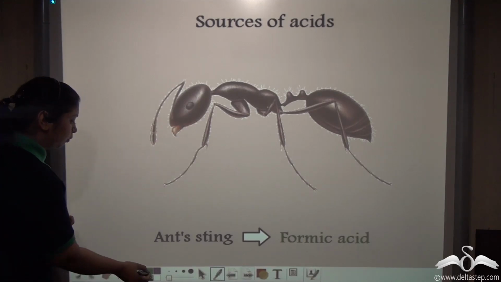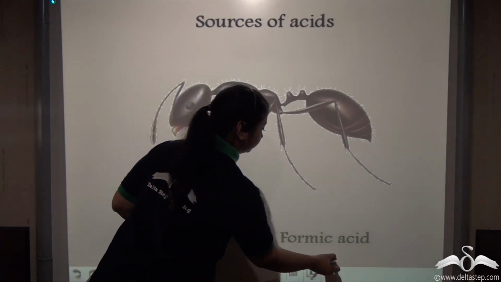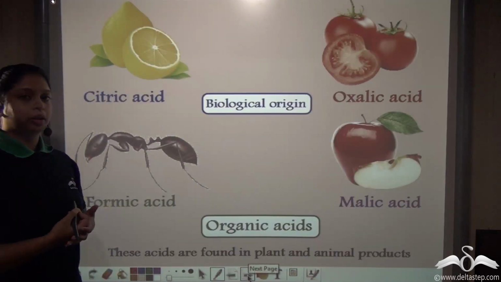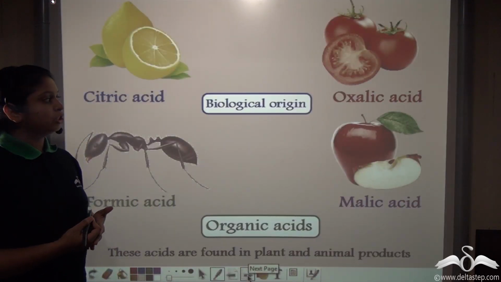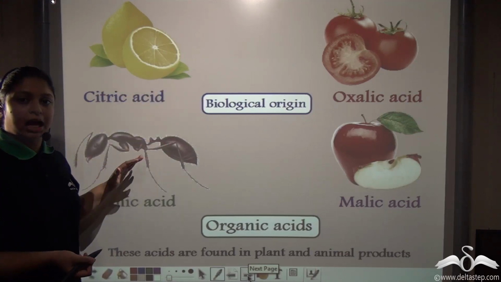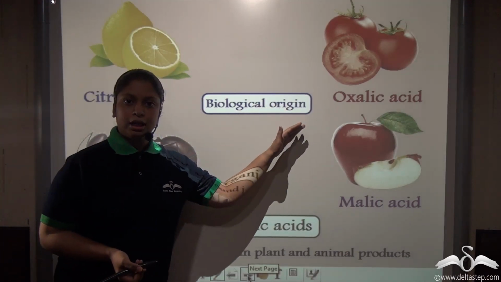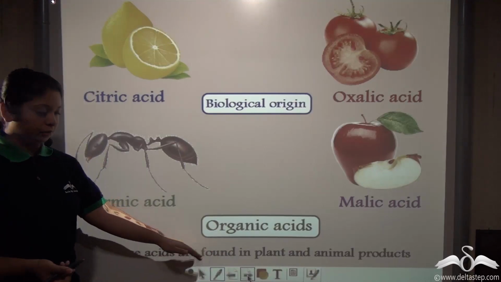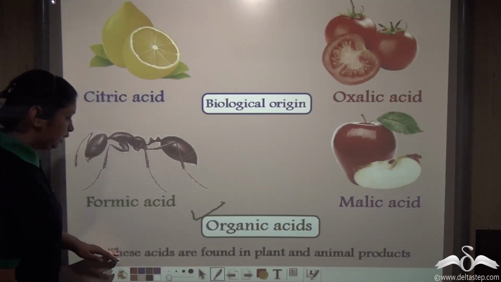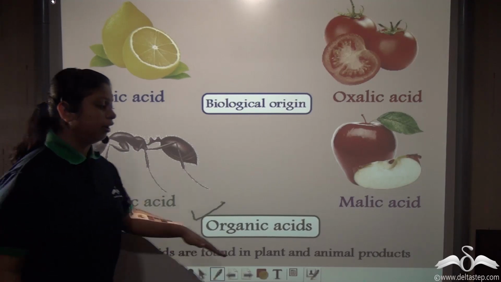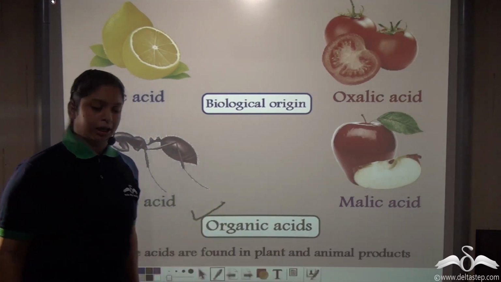This acid is known as formic acid. So, acids which have a plant or an animal or insect origin, that is a biological origin, is known as organic acid. So, organic acids can be defined as something which are found in animal and plant products.